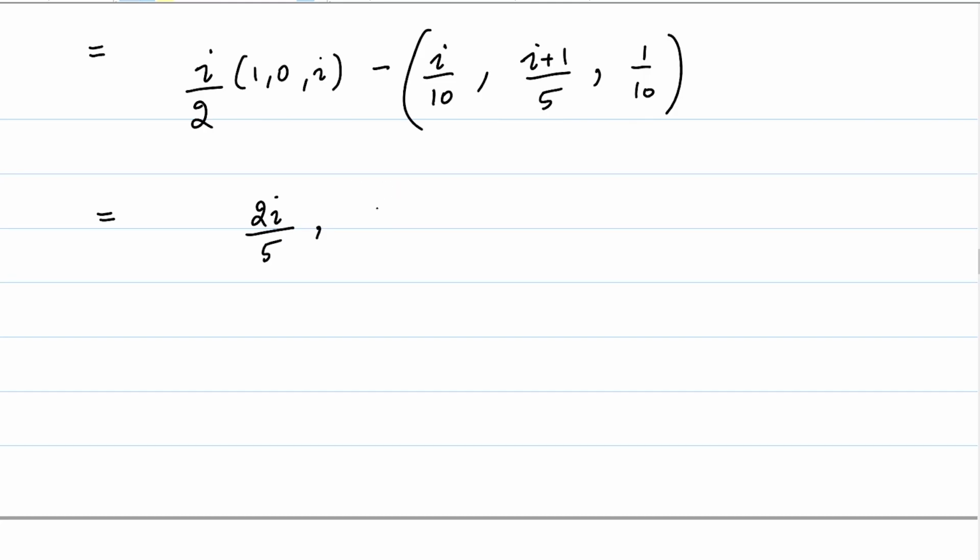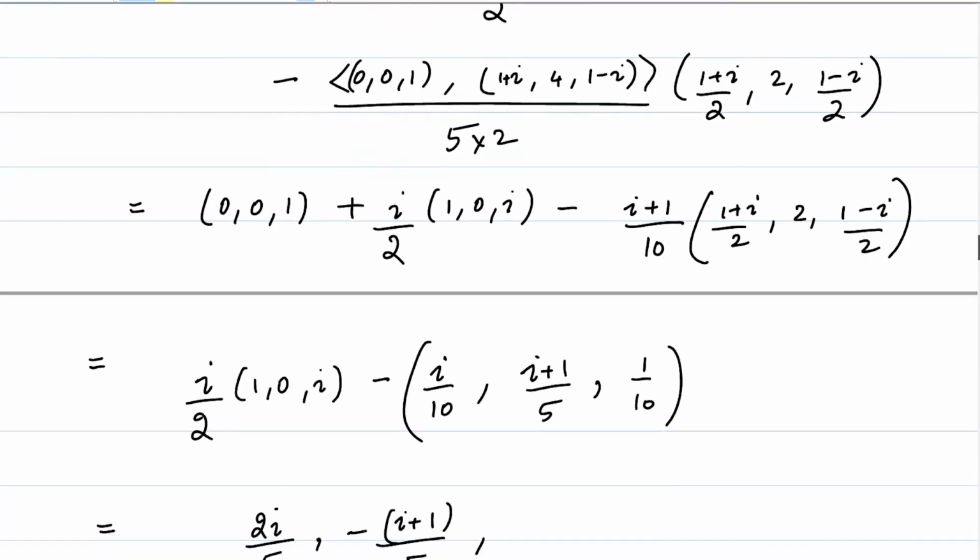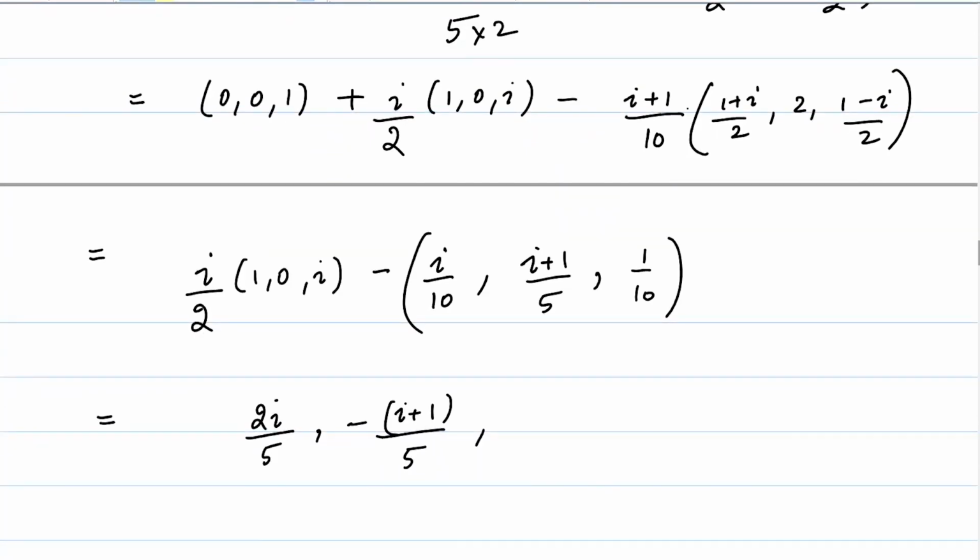And the next one will just be equal to minus of (i+1) by 5, and this is minus of 1 by 2 minus 1 by 10. Did I miss a sign here somewhere? i minus 1 minus i square, 1 plus 1, that is 2 by 10, that is right. This is all right. So this is just going to be minus of 2 by 10, which is going to be 1 by 5.